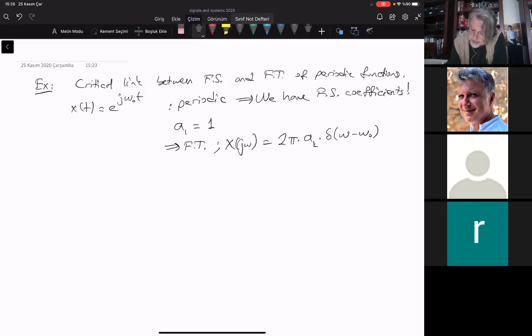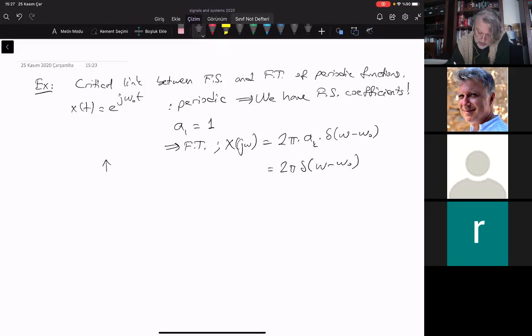So this is actually 2 pi times delta of omega minus omega 0. The Fourier transform of this example is 2 pi times delta of omega minus omega 0.